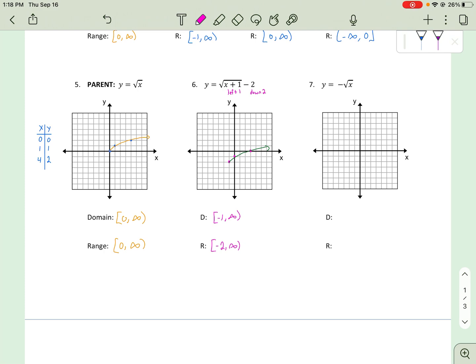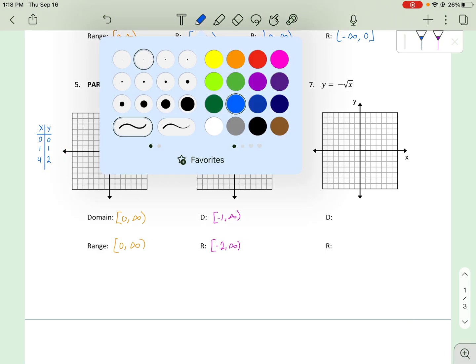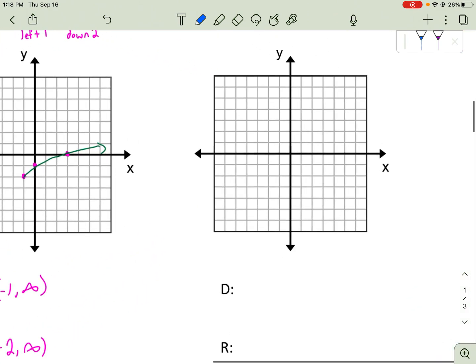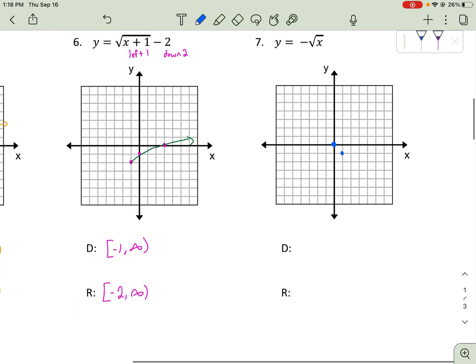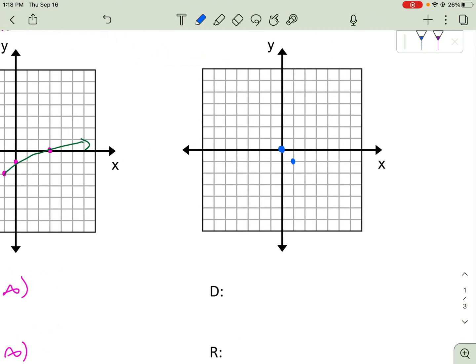All right, then again, with our parent function, we have a negative in front, and that's just going to make all of our y values negative, except 0, because there's no such thing as -0. And so now we have 0, 0, 1, -1, and 4, -2. So it looks like that. So it's just an upside down version of the graph.